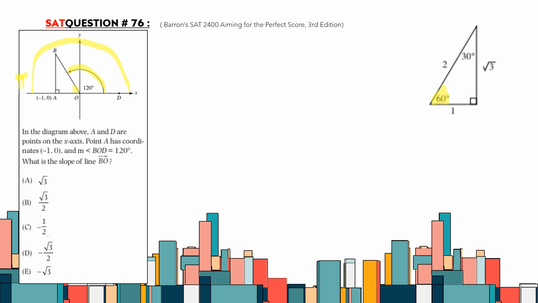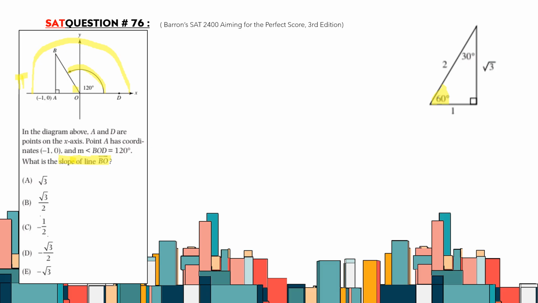Then we'll see the right triangle. So we will have a 30, 60, 90 degree right triangle. That is the keyword here, right? So that's the hint. Then we have to find the slope of the line.